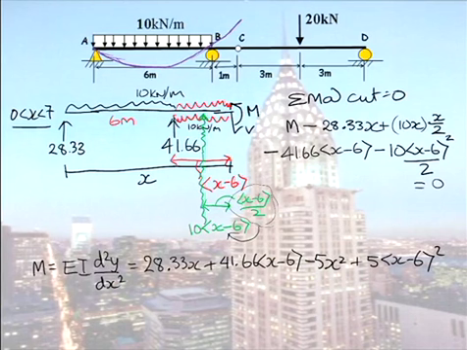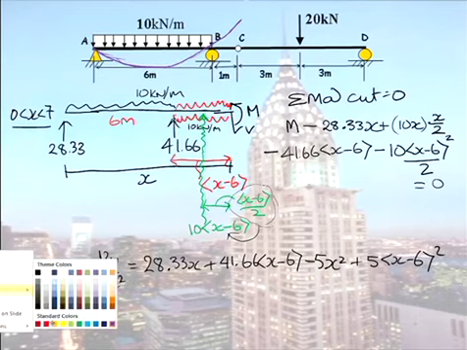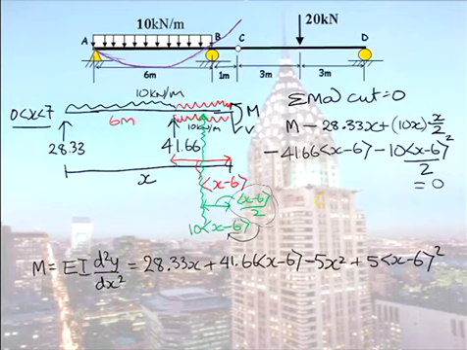Now these pointy singularity brackets, what are they all about? Just to remind you, let me just go to red. What these brackets are all about is they actually turn on and off the number next to them.